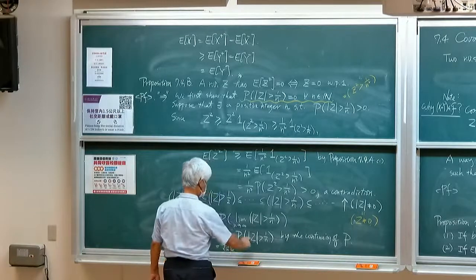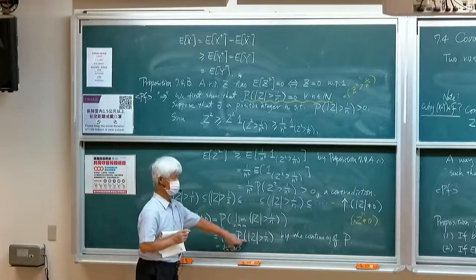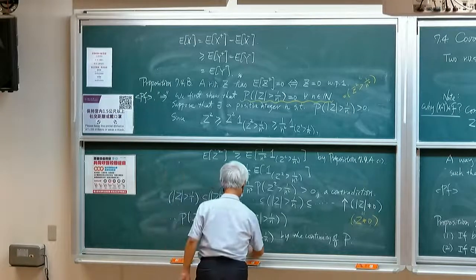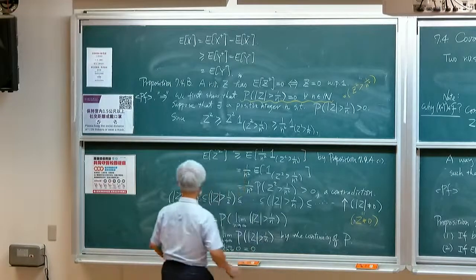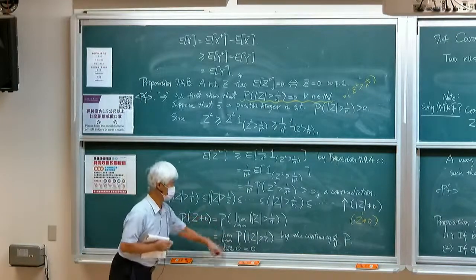But we have shown that these probabilities are all zeros. Okay. So the limit of 0 is 0. So the probability of Z not equal to 0 is 0.